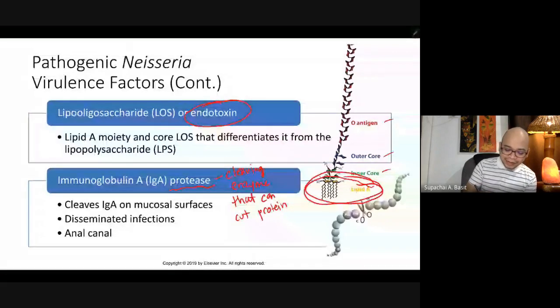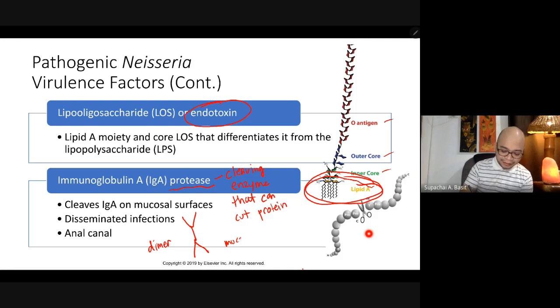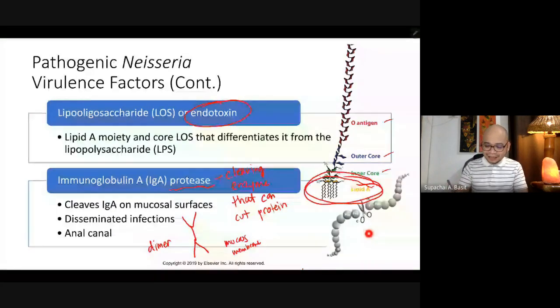And since our antibody, such as the IgA, which is a dimer, is found in the mucous membrane, and Neisseria will infect our mucous membrane, the Neisseria will literally produce IgA protease, and they will just cut the IgA. So it will just disseminate the infections.